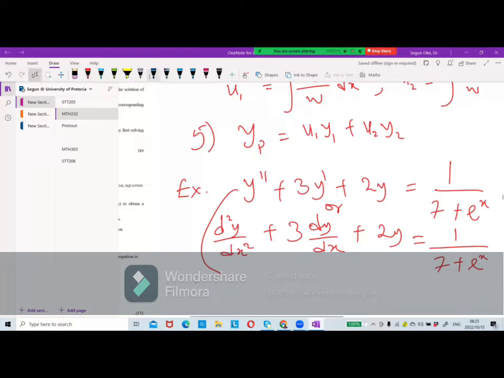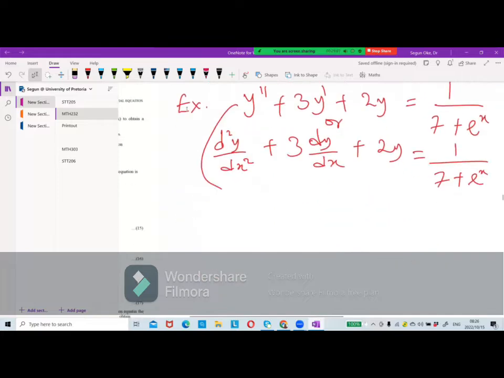What is step 1 now? We need to follow. Somebody should read step 1 for us. Put the equation in standard form. So the first thing I will ask you is, is this equation in standard form or not?